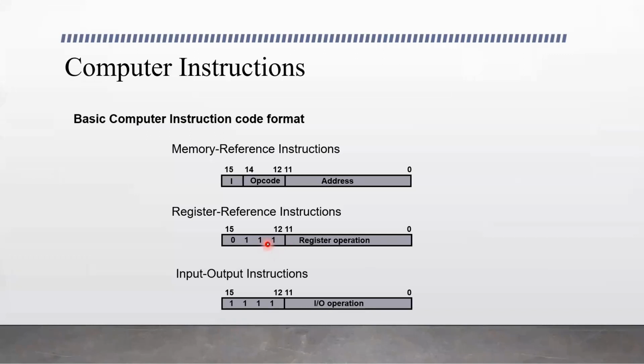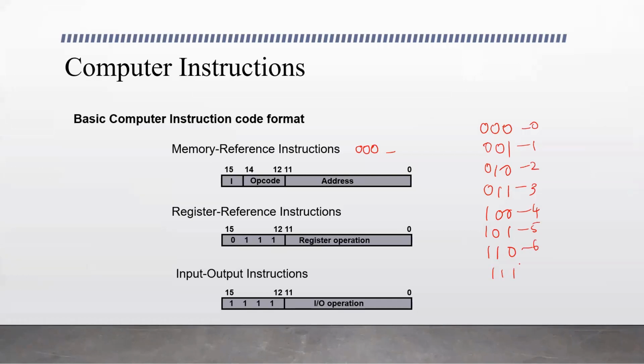For memory reference, as it is 3 bits, bits 12, 13 and 14, the opcode will be 000, 001, 010, 011, 100, 101 and 110, that is, 0, 1, 2, 3, 4, 5, 6.